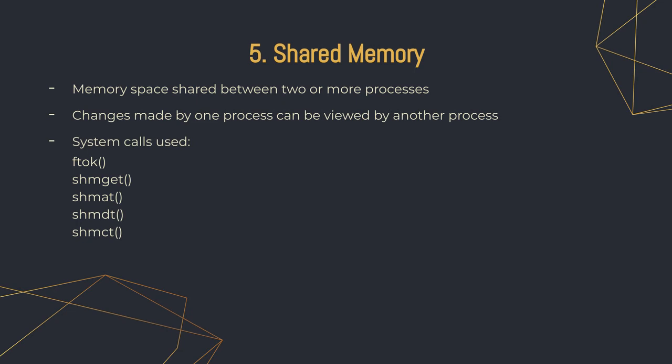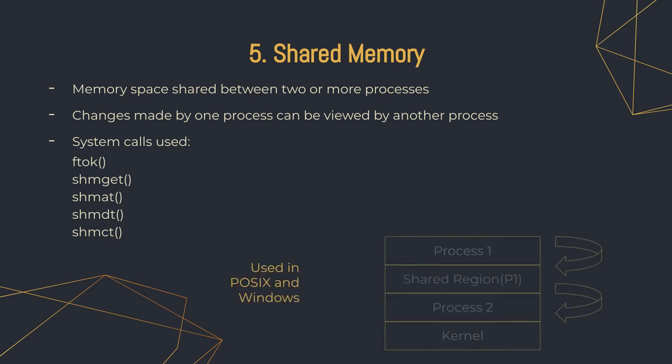The system calls used here are ftok, which provides us with a unique ID, shmget, which provides us with an identifier for the shared memory segment, shmat, which you use to attach the process to the specific address, shmdt, which is used when you're done with the shared memory segment to detach from it, and shmctl, which is used to make sure that when you detach from the shared memory it doesn't get destroyed, or to destroy that memory.